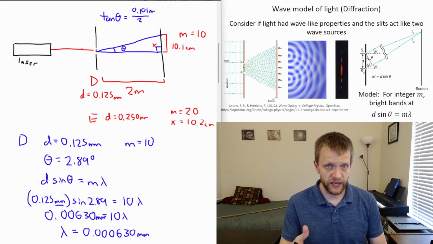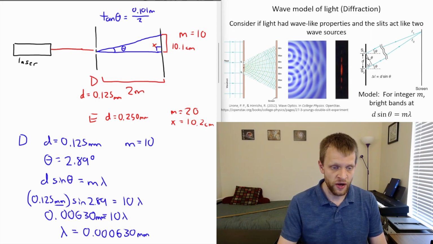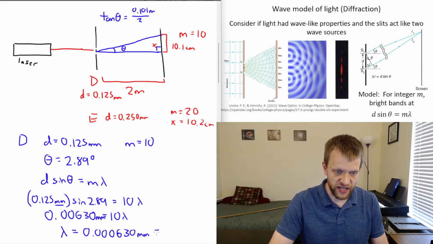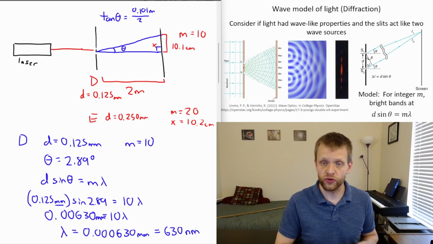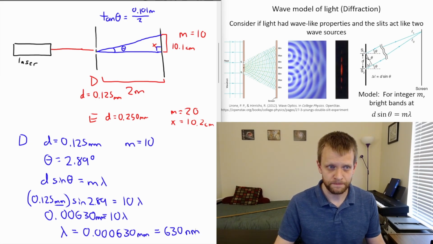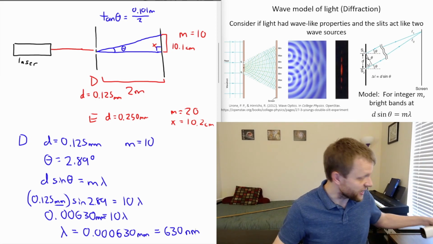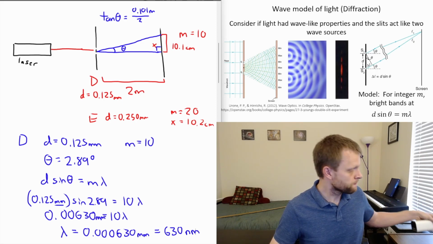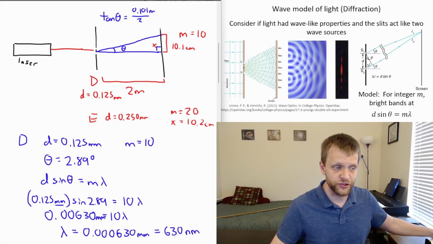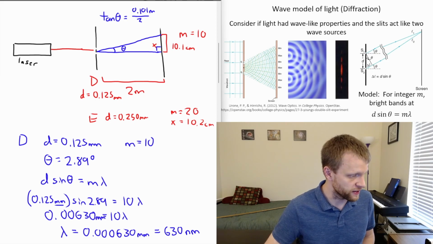And if I multiplied it by 1,000 again, that would give me the wavelength in nanometers. So if I take this and multiply by 1,000,000, that will give me 630 nanometers for the wavelength of this light.